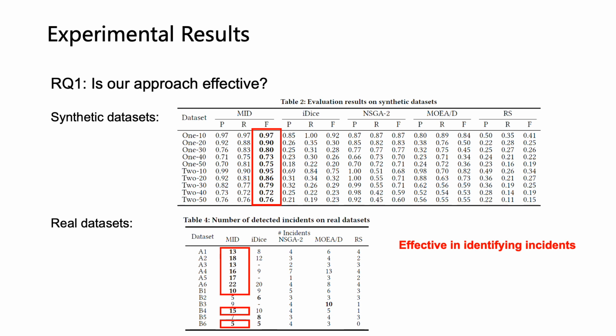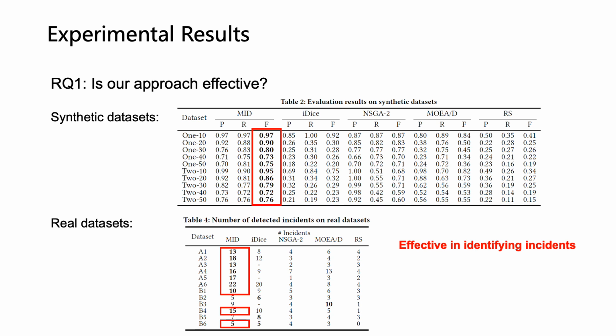For the first research question, we compare the performance of our approach with the state-of-the-art approach, IDES, two other heuristic search methods, and the random search. The results are shown in the tables. For all synthetic datasets, our approach achieves the highest F1 score, and for the real issue reports, our approach finds most incidents on 9 of 12 datasets. As for the rest 3 datasets, the results of our approach are very close to the best.